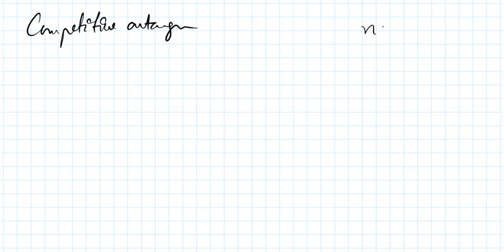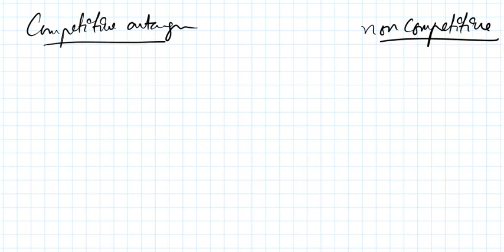Yesterday we discussed competitive antagonism, and we also discussed non-competitive antagonism, but I forgot to tell you some important points. What happens in competitive antagonism? How will the graph shift?